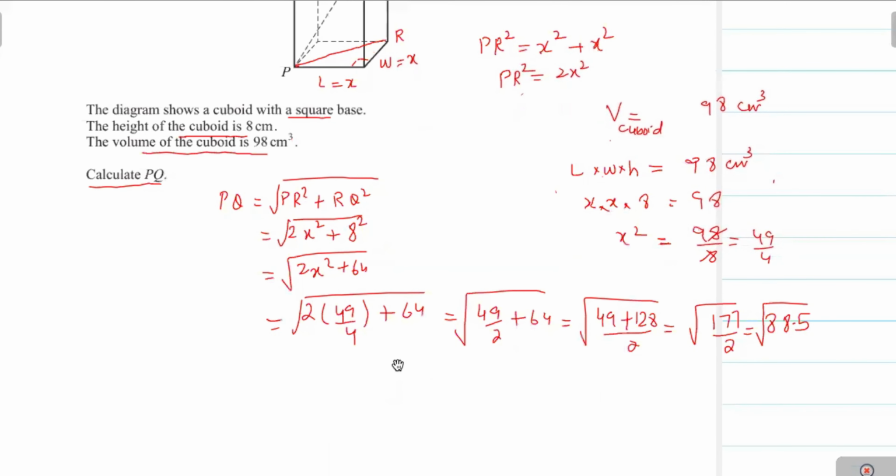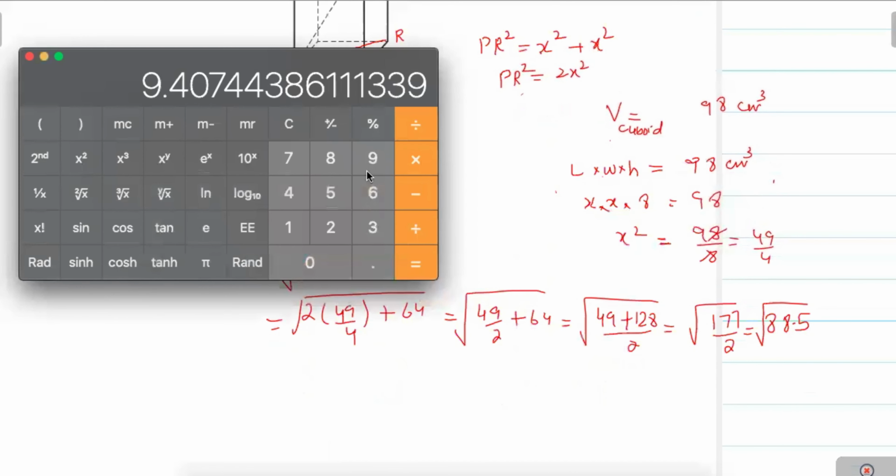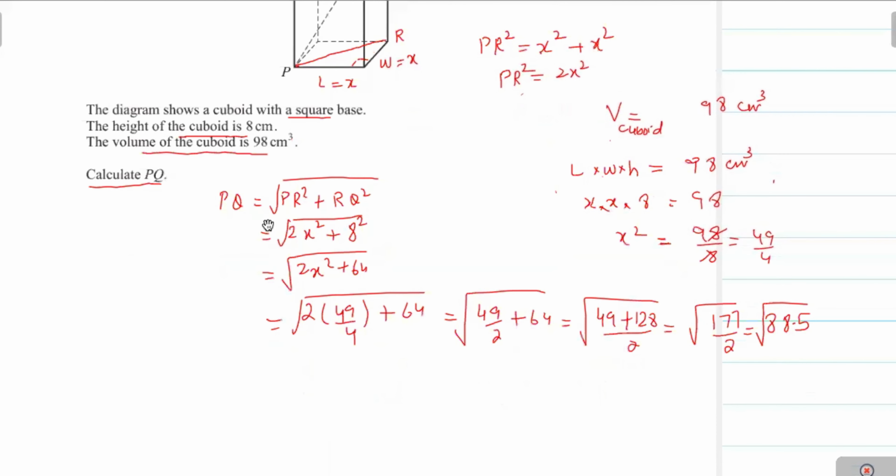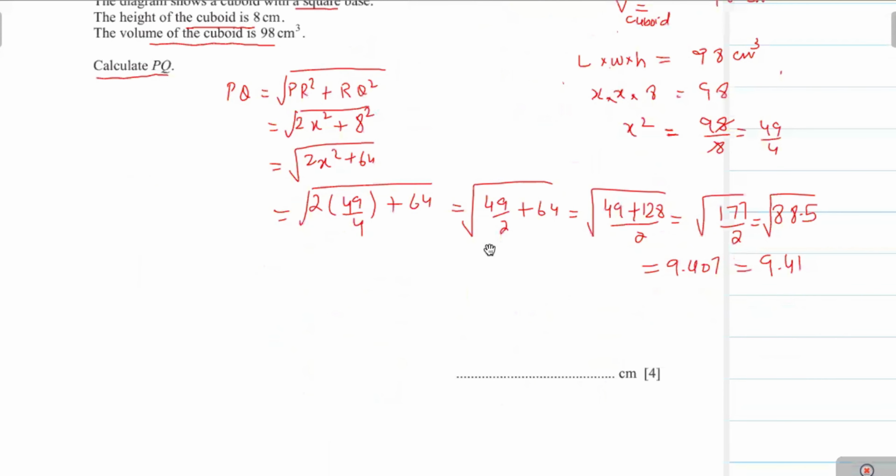We take the square root of 88.5 and this value is equal to 9.407. This is 9.41, which is the PQ length.